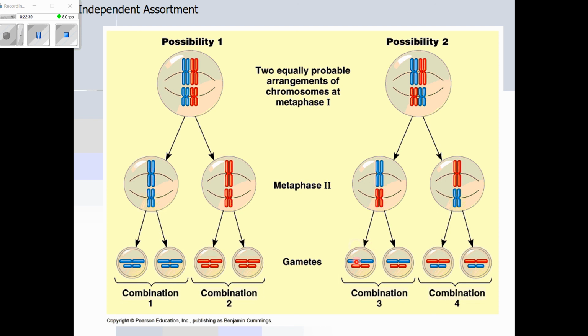But another possibility would be that the big chromosome has the blue copy, and the small chromosome has the red copy, or you could have the big chromosome red and the little chromosome blue. The point is, there's 4 possibilities. Now, there's a formula for calculating how many different combinations of paternal and maternal chromosomes can be created in the gametes.